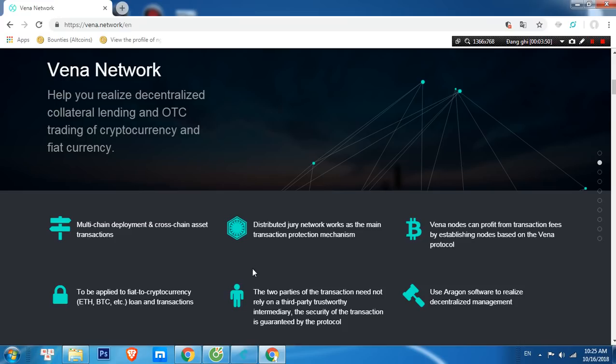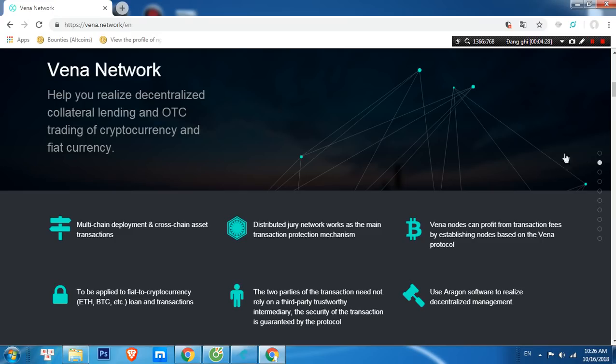Users on Vena Network can benefit from the development of cryptocurrency, making asset financing and exchange cost-effective, safe, and efficient, while also mitigating the risks associated with factors such as cryptocurrency price fluctuation and dishonest financial intermediaries.